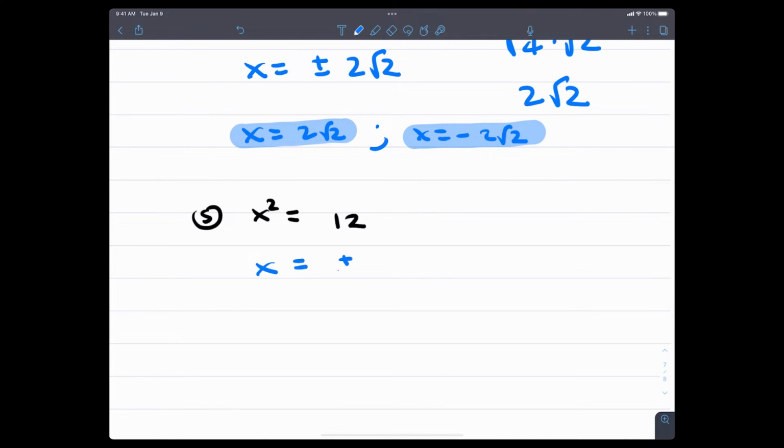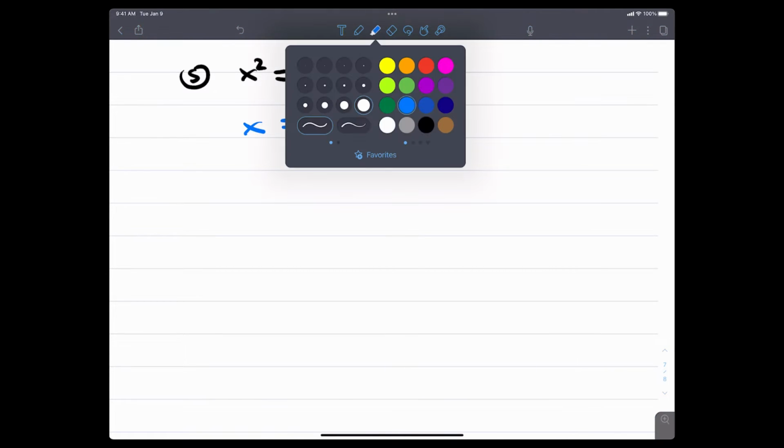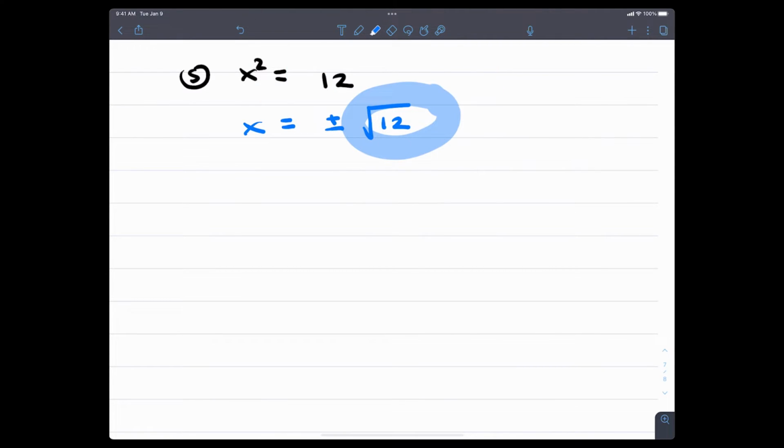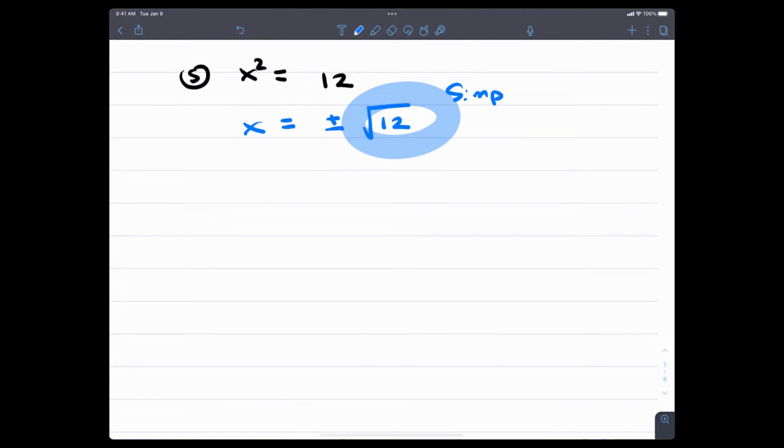X is plus or minus square root of what? 12. Isn't that the first step? Okay, what do you know about the square root of 12? That's not a perfect square, so we have to simplify.